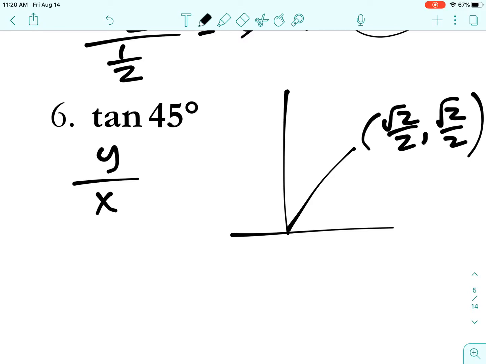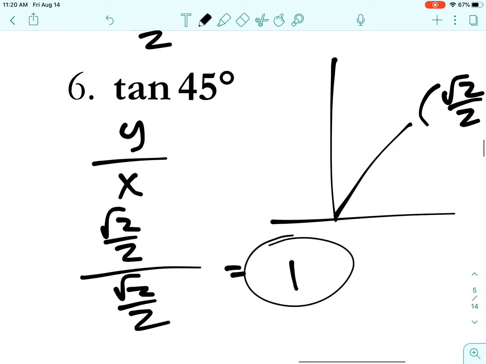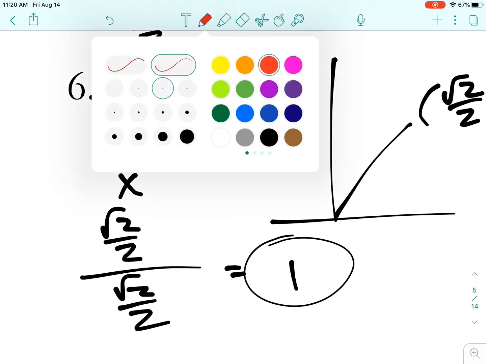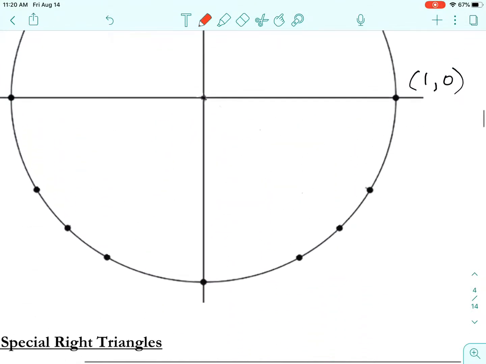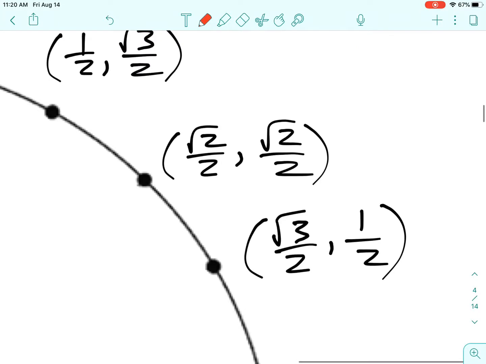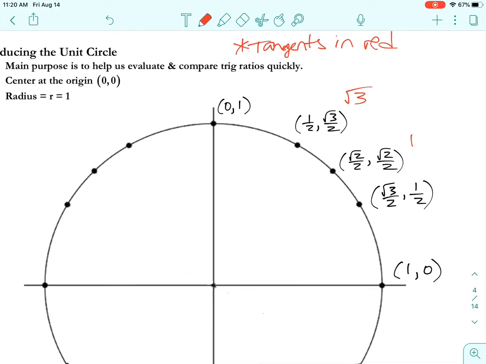Y over x means root 2 over 2 divided by root 2 over 2, which is 1. I'm going to add this tangent of 45. I'm going to add this number to the very top in red to my unit circle, so I don't lose that one. When you do y divided by x at 45 degrees, the tangent is 1.